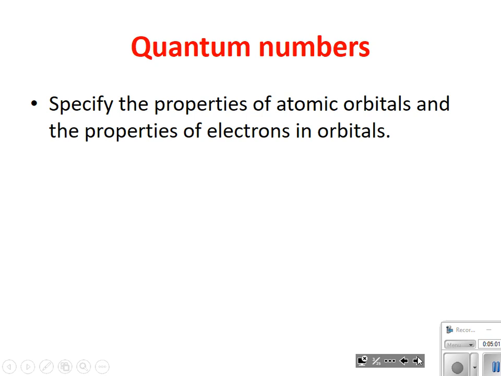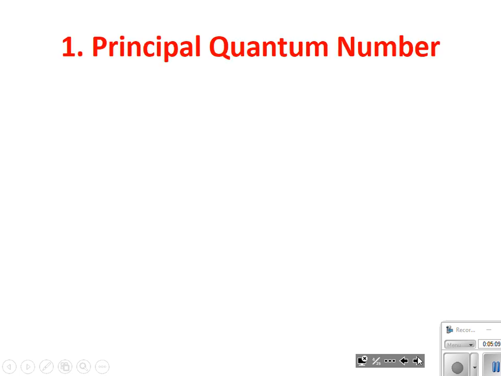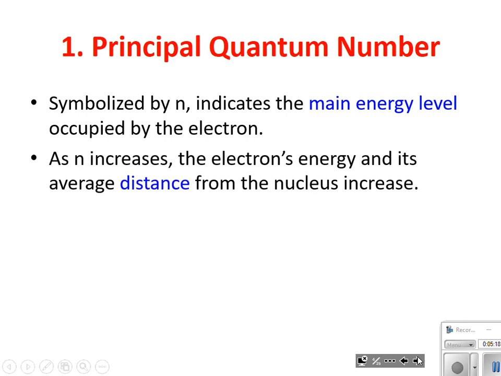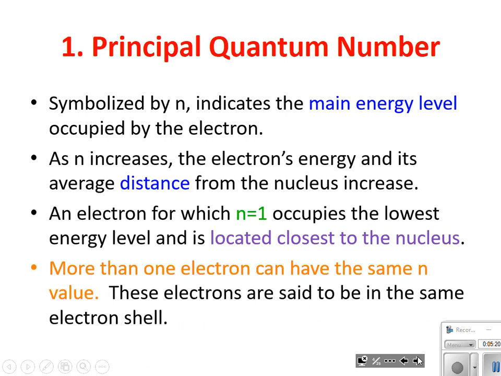Let's jump right in with the principal quantum number. Okay, the very first quantum number we're going to talk about, the principal quantum number. We'll get this entire slide up there, and then we will discuss it. I'll give you a second here to write it down.